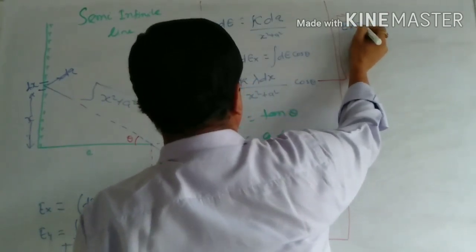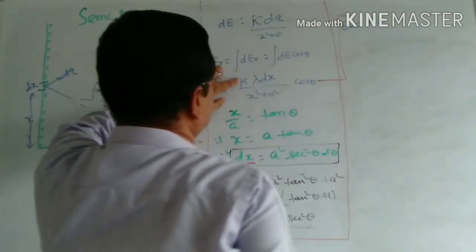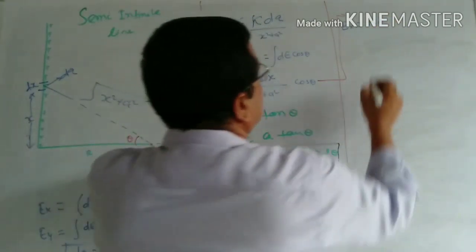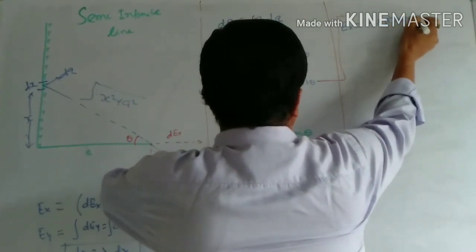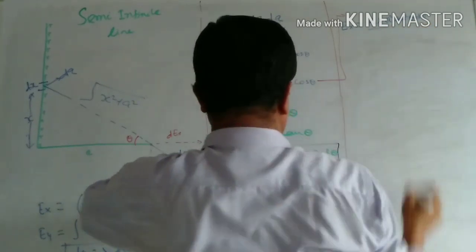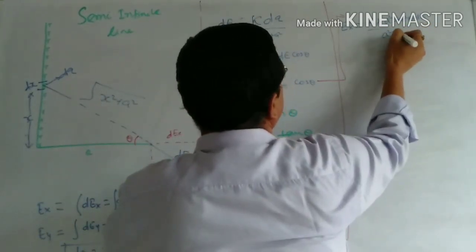Ex equals k lambda dx equal to a square sec square theta d theta, by x square plus a square means a square sec square theta.